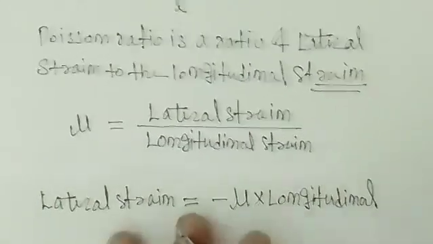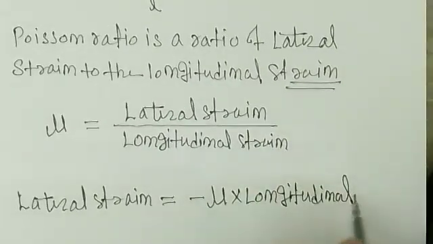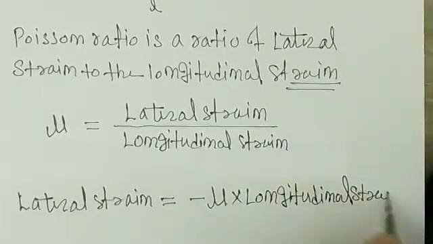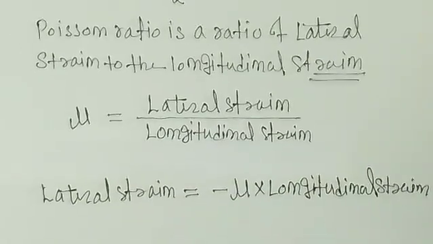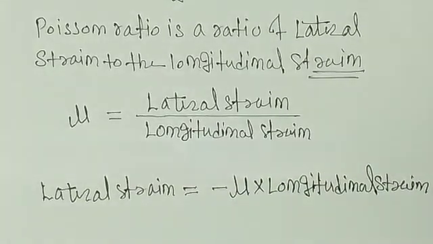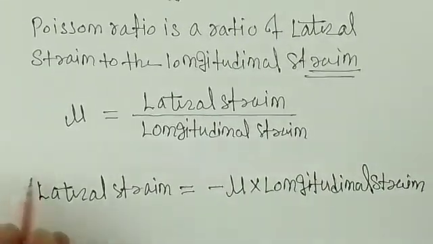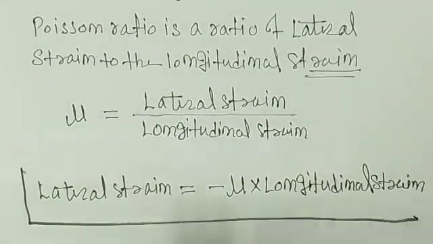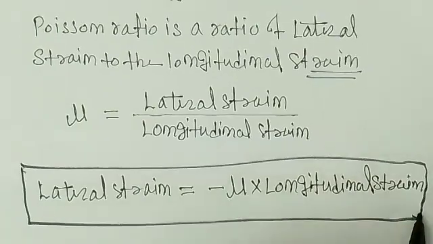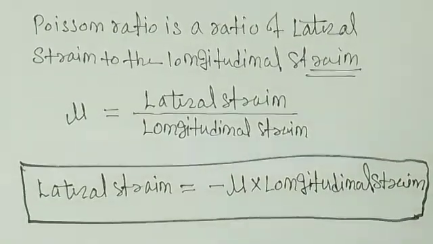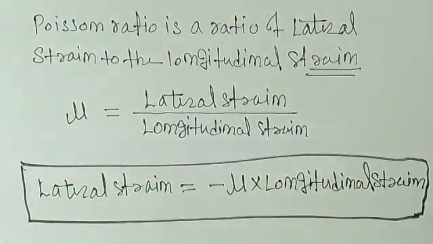This is your relation between lateral strain, Poisson ratio and the longitudinal strain. It means that lateral and longitudinal strains are opposite to each other.